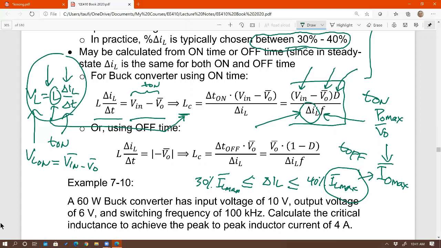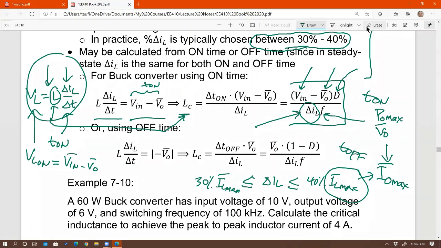Just like that example that we had earlier, 60 watts at 6 volts. From there, we know what I out max is. And for a buck, knowing I out max will give you IL max. Make sense? Any question on that one? So that's how we do it.